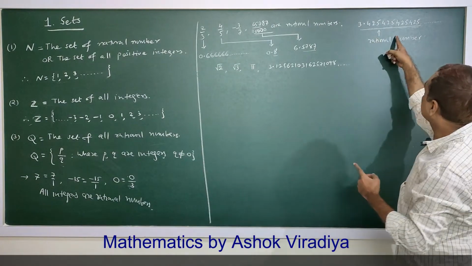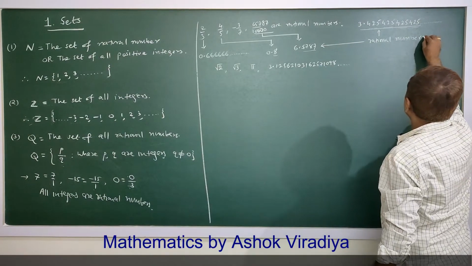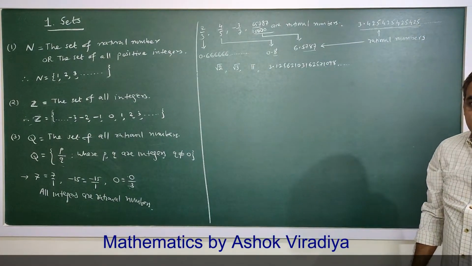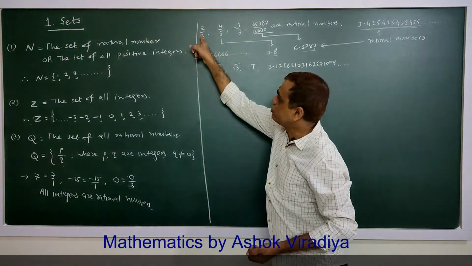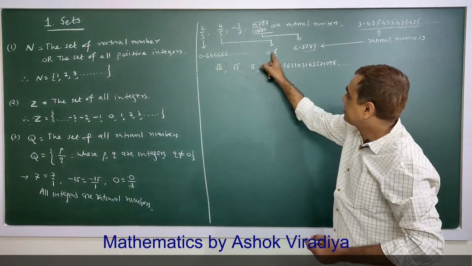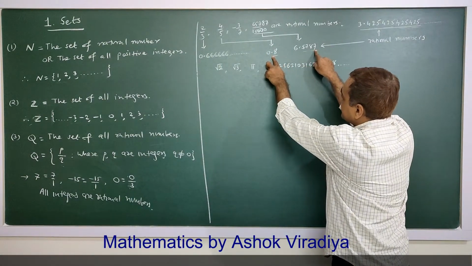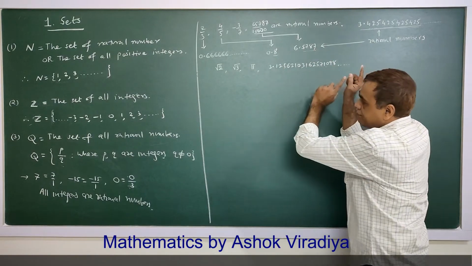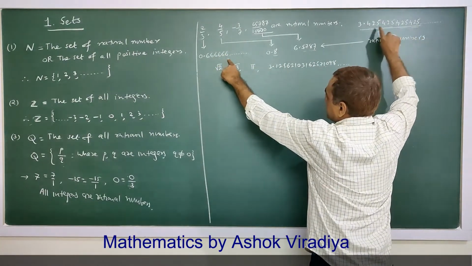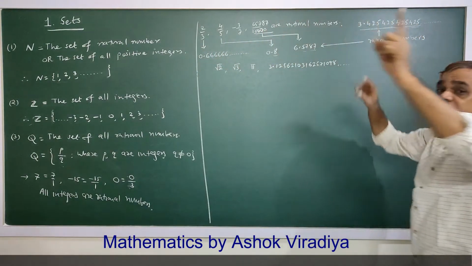So these are all rational numbers. If any number is in P by Q form, and you convert it to decimal, if after the decimal point you find a finite number of digits, or an infinite number of digits with recurrence, then such numbers are rational numbers.